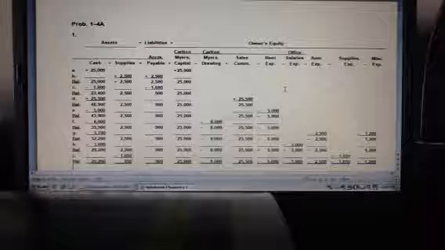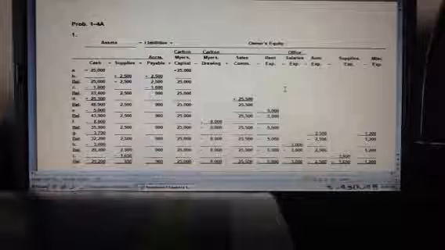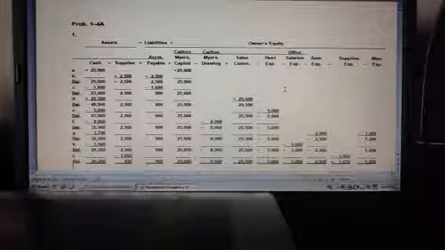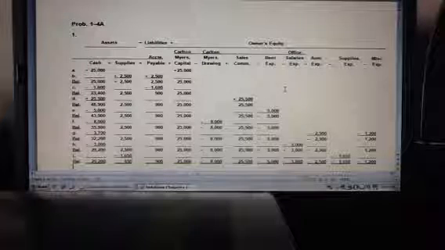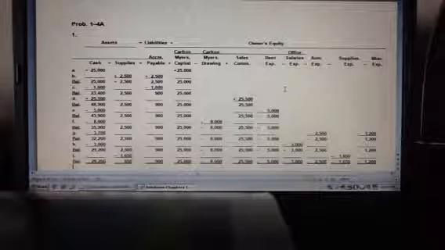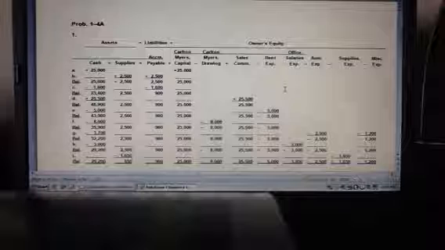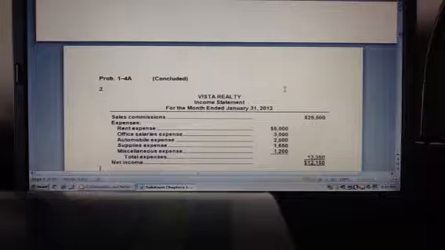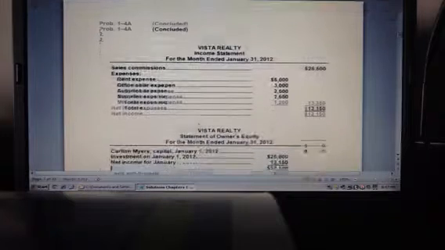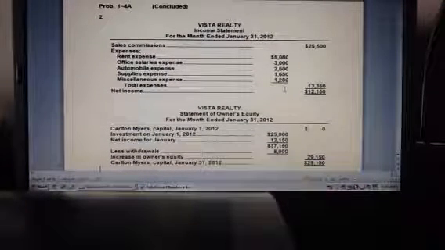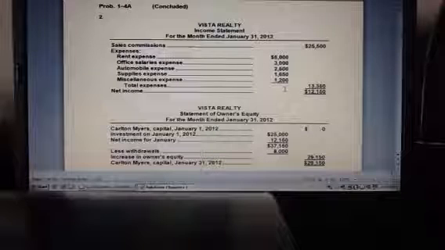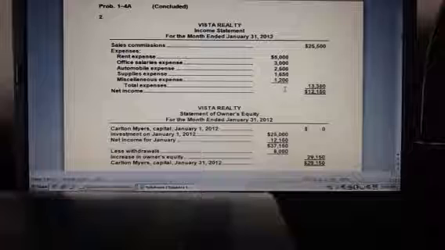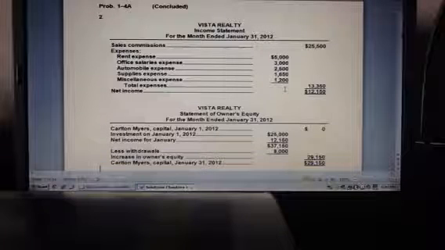Also notice after every transaction, they calculated new balances for each account, and the purpose for doing that is to make sure the accounting equation still balances. After any transaction, we want to make sure that assets still equal liabilities plus owner's equity. From that information, once we get our final balances, we can prepare an income statement where we're summarizing the revenues and expenses, and you'll see that Vista Realty earned a net income of $12,150.